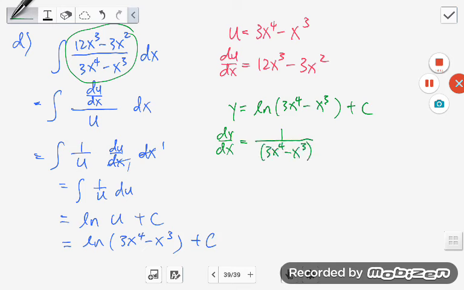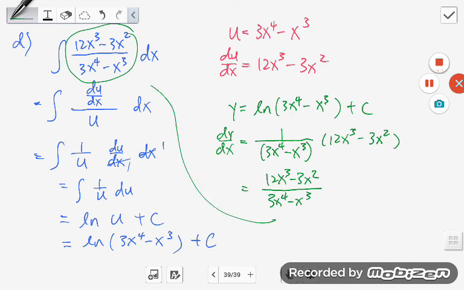I'm not done yet. Now I need to differentiate the inside, which is my polynomial. That will be 12x cubed minus 3x squared, and when I differentiate a constant, that becomes 0. That will be my numerator, and my denominator is 3x to the power of 4 minus x cubed, which matches. So my answer is good again.